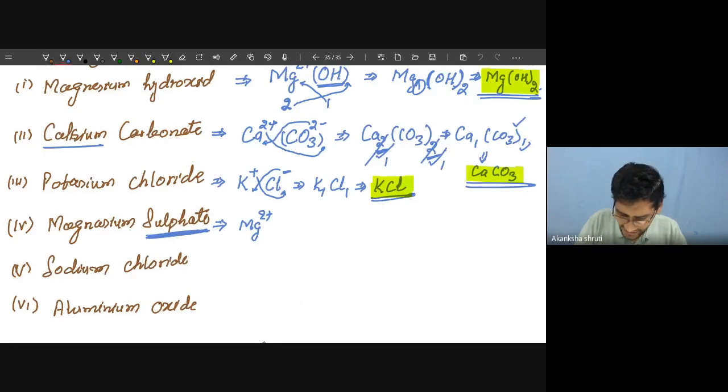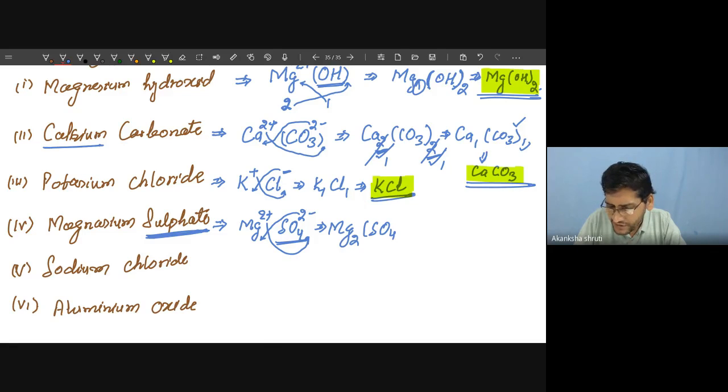Students, we have to take SO4 2-. Keep in mind this SO4 is exactly like our CO3. Collectively we have to put it in a bracket. These 2 shall come here and these 2 shall come here. So for writing this, it should be like this: Mg2(SO4)2.